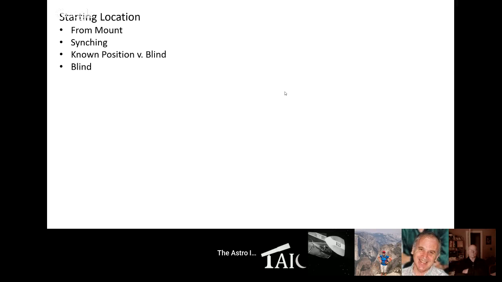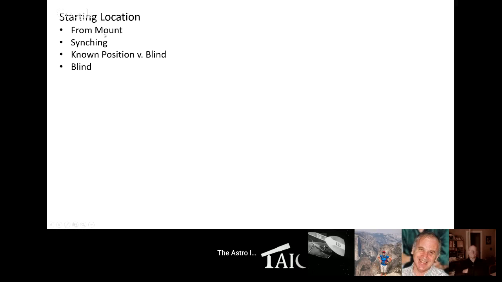So our plate solvers can get that information directly. If you aren't doing that, then when you start a plate solve, there will probably be a screen that says, where do you think you are? The reason that's necessary is because that tells it where to start looking.